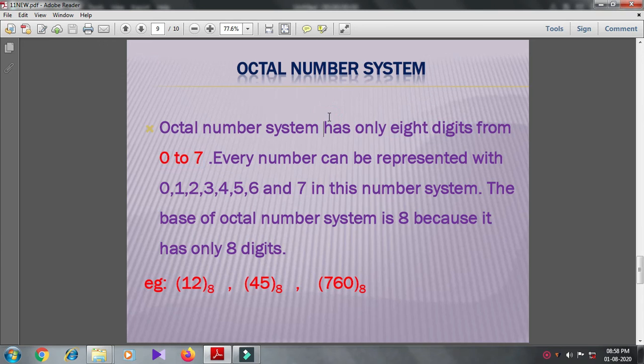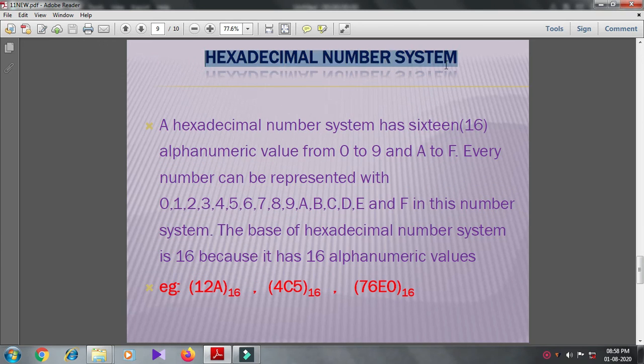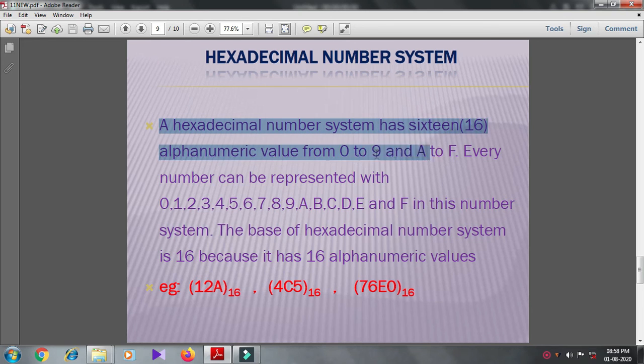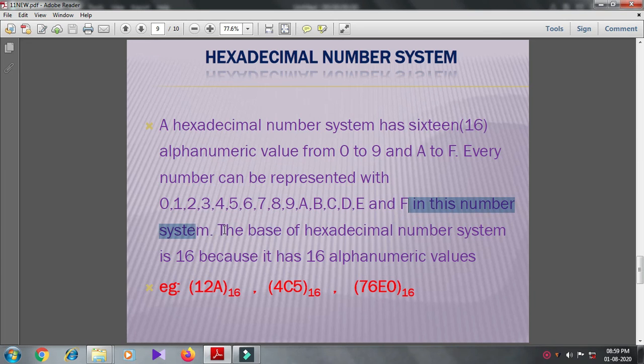Next, hexadecimal number system. A hexadecimal number system has 16 alphanumeric values from 0 to 9 and A to F. Every number can be represented with 0, 1, 2, 3, 4, 5, 6, 7, 8, 9, then A, B, C, D, E and F in this system.